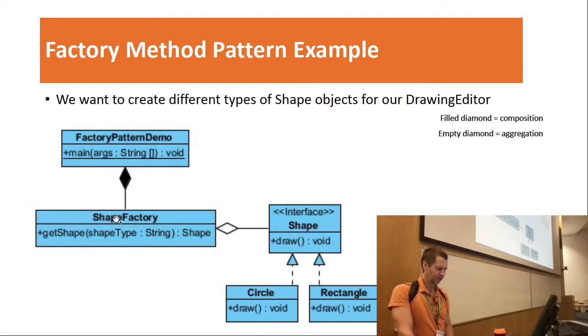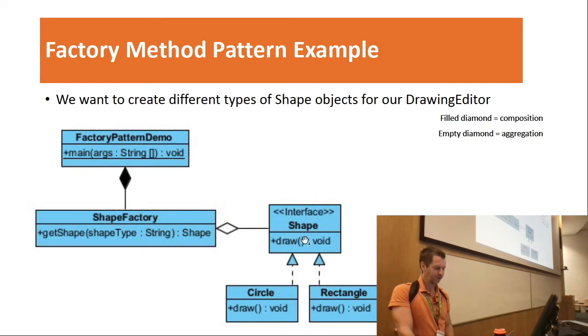So a shape factory is composed of the factory pattern demo. We have a method called getShape, and it takes a string that specifies what kind of shape we want to create. So we just call getShape, and then we say, okay, what do we want, a circle or a rectangle?